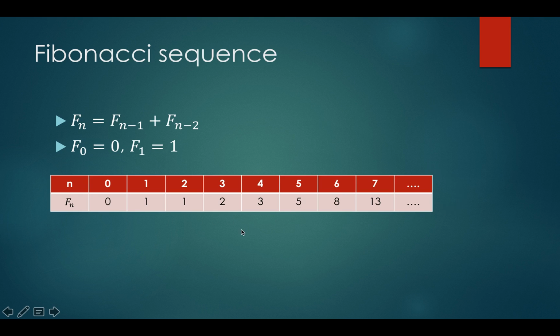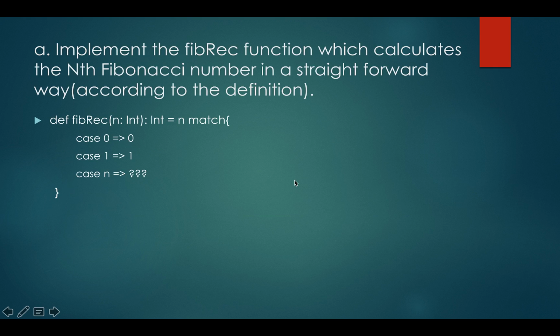You can see here that the second Fibonacci number 1 is the sum of the zeroth and the first. The fourth Fibonacci number is the sum of the second and the third.